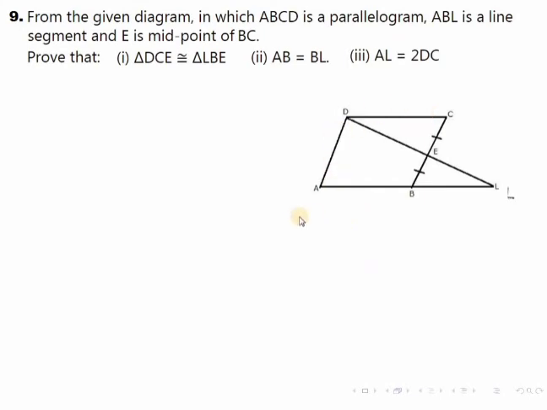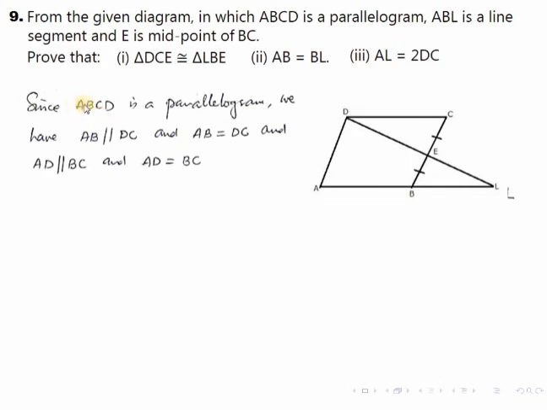So let's begin. AB will be equal to DC and AD will be equal to BC. That's what I told you from the properties of a parallelogram.